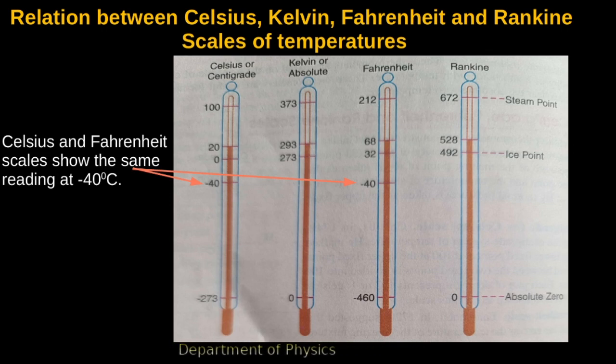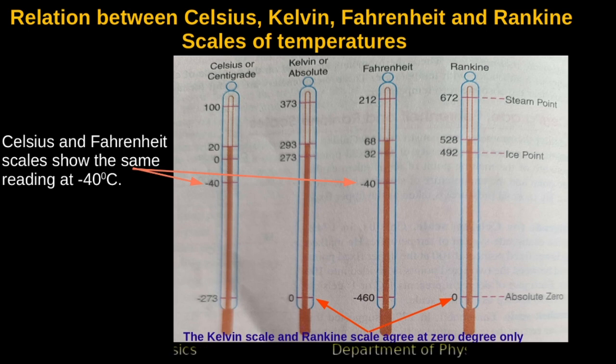At absolute 0, the Kelvin and Rankine scales agree at 0 degrees only. So these temperatures have been rounded off to the nearest degrees.